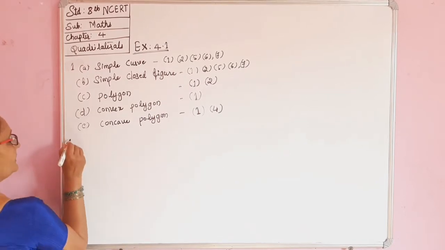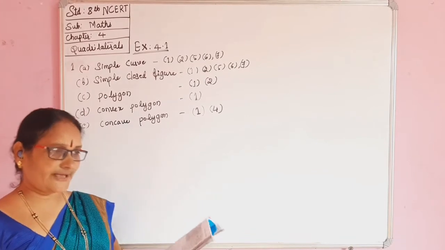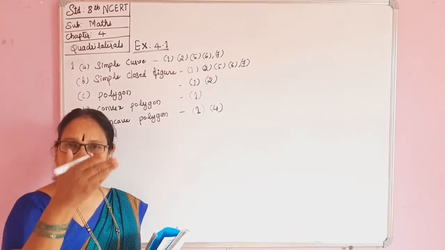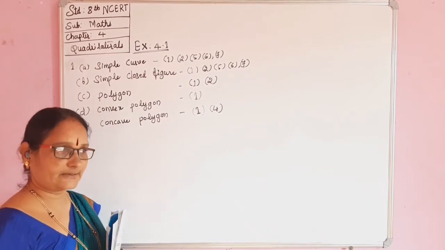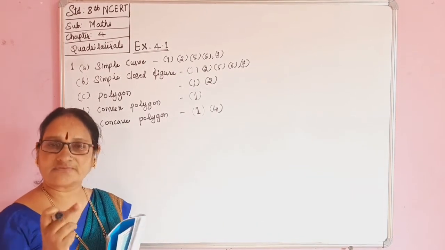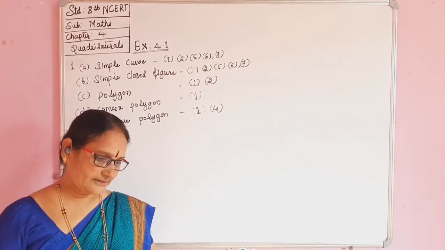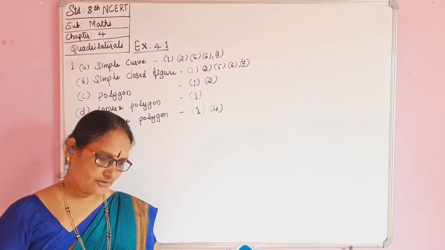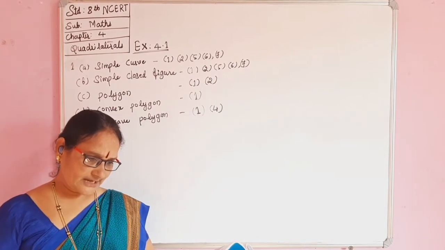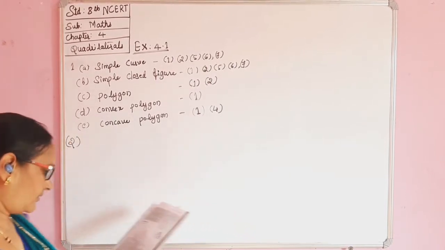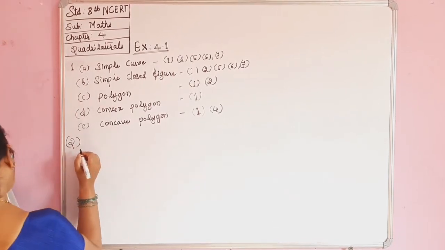Now we do the second part. How many diagonals? You know that a diagonal is the line segment joined by opposite vertices. In a convex quadrilateral, how many diagonals are there? We have to see. First we draw one convex quadrilateral.